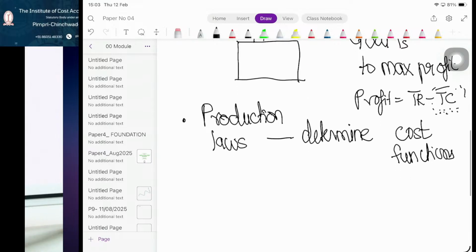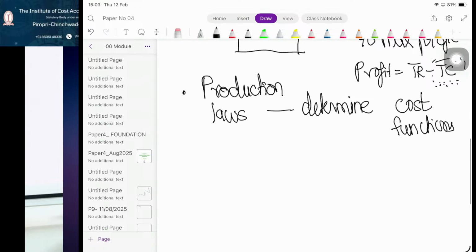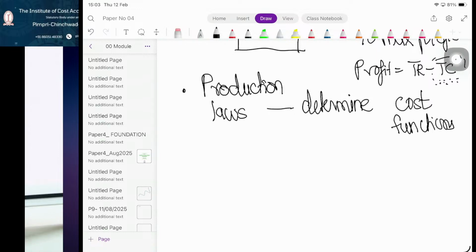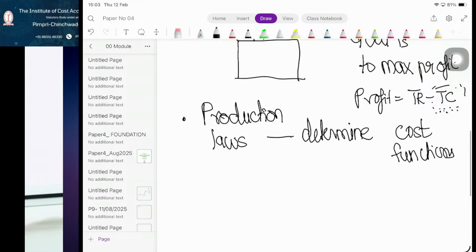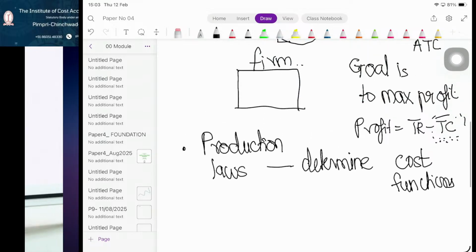So let us now look at what production is. Thanks, Shivam. Just now we are going to think about a firm in a very simple way. We can think of a set of inputs that go into production of goods and services, like labor, raw material, capital goods.